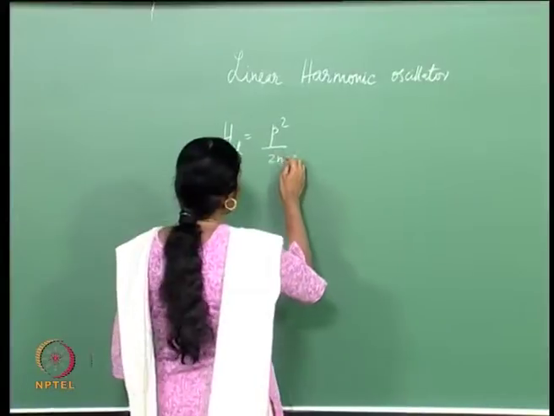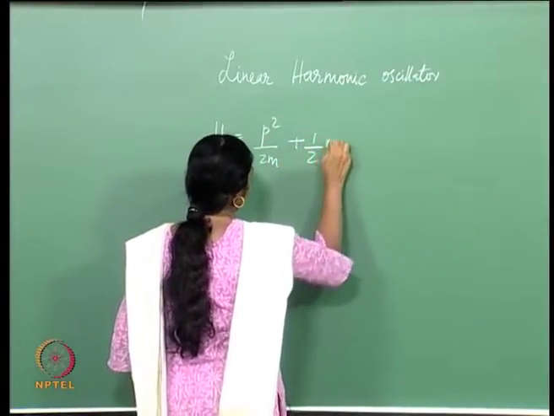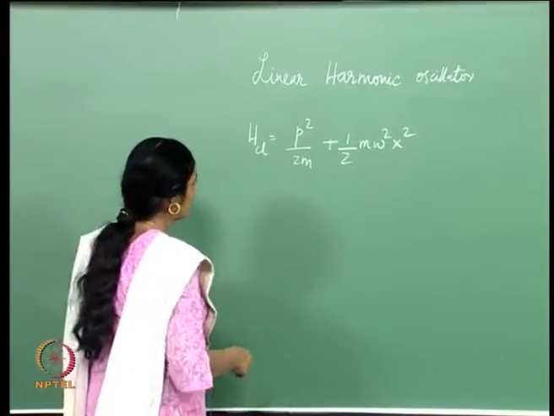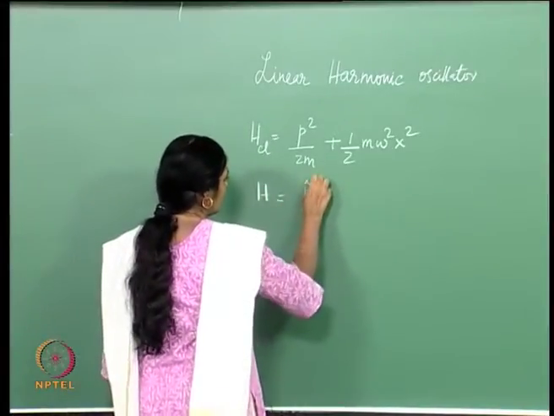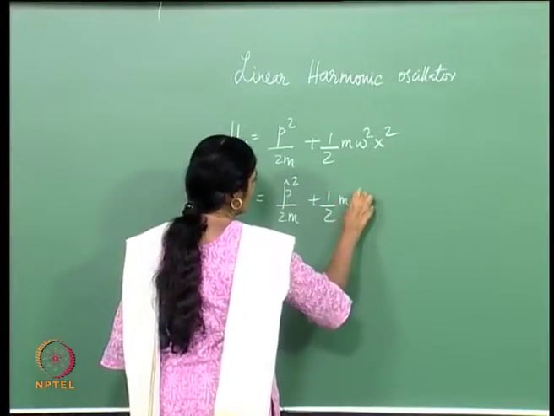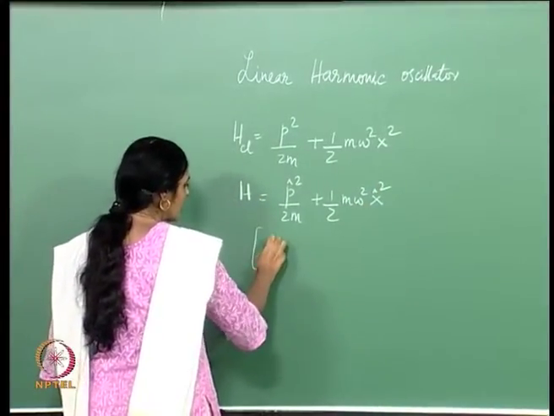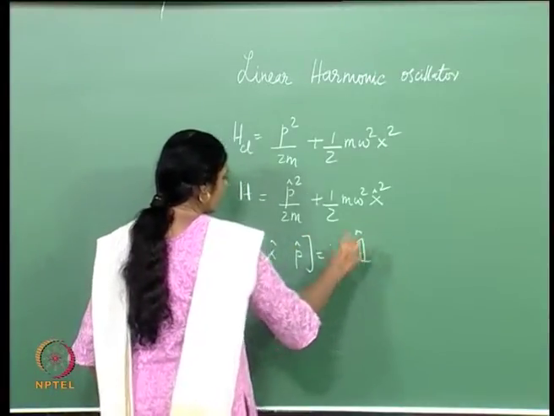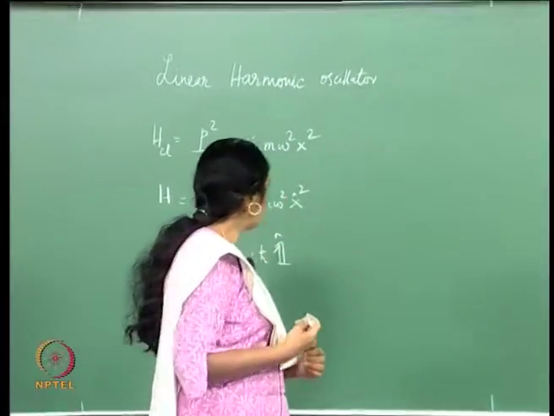So I have this oscillator with P squared by 2m plus half m omega squared x squared as the Hamiltonian, the classical Hamiltonian. So the quantum Hamiltonian, which I will merely call H, would mean replace all dynamical variables by operators, and of course in this case with the understanding that the commutator of x with P is i h cross times the identity.